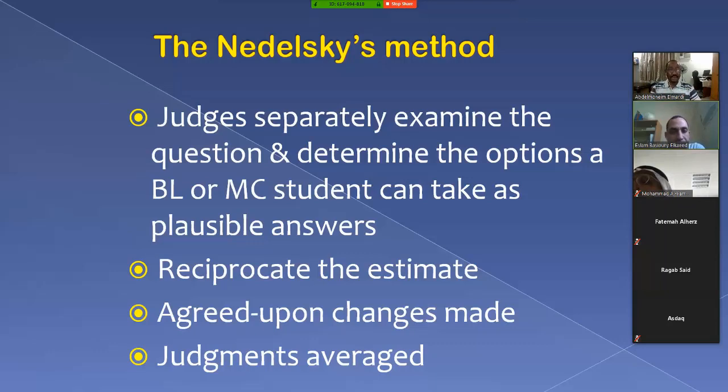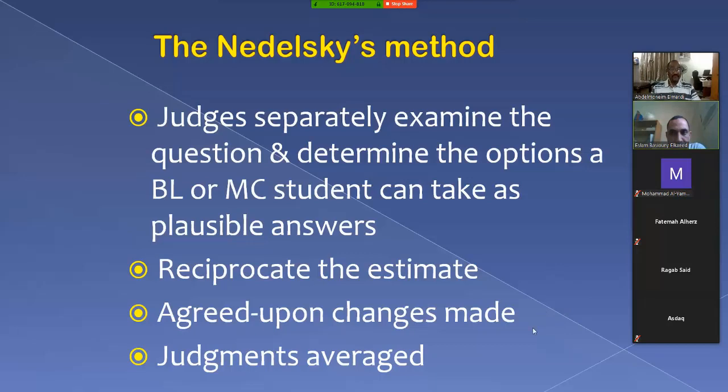You look at the options and determine whether a minimally competent student can actually exclude the option. So you are now calculating the guessing chance. And to get the mark for the question, you reciprocate. You divide 1 by the remaining. 1 over 3 is 33%, 1 over 4 is 25%, 1 over 2 is 50%, and 1 over 1 is 100%.